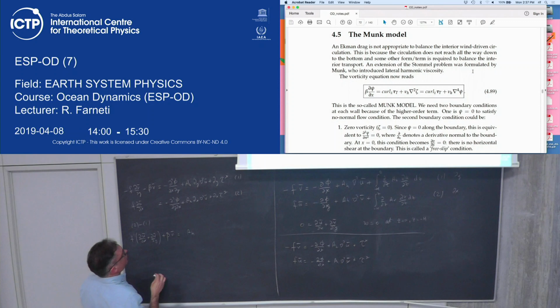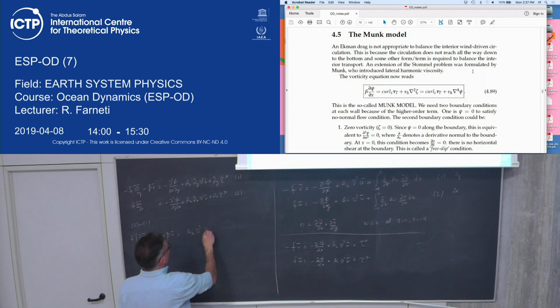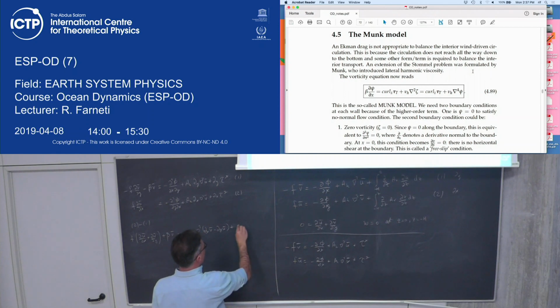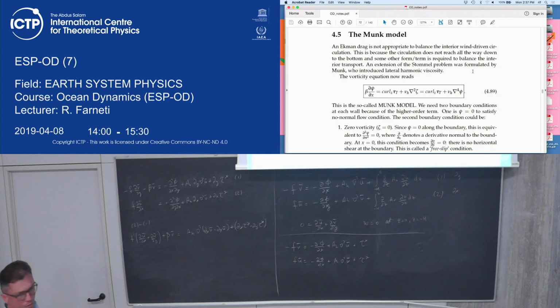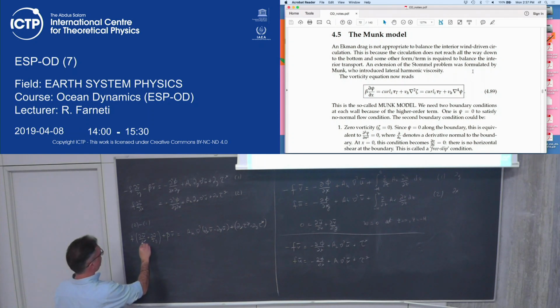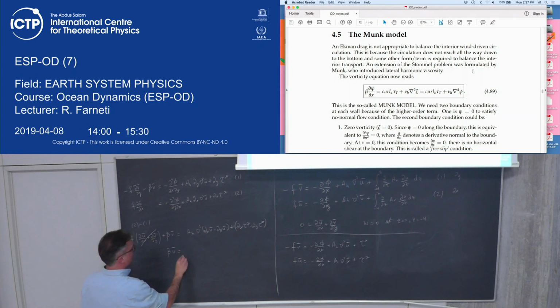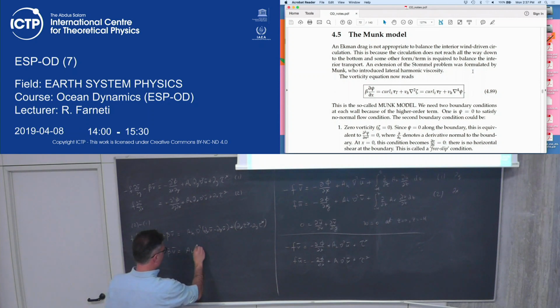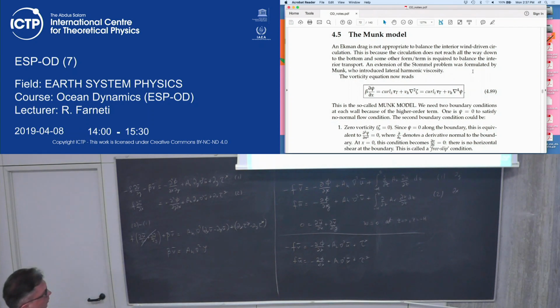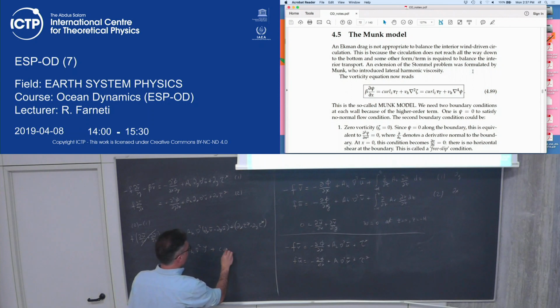So you have this, and you have the Laplacian of dxv minus dyu plus. This is 0 because of continuity. This is the vorticity, and this is the curl of tau.